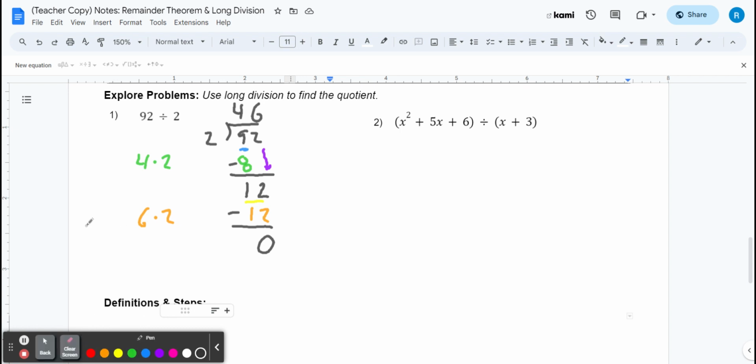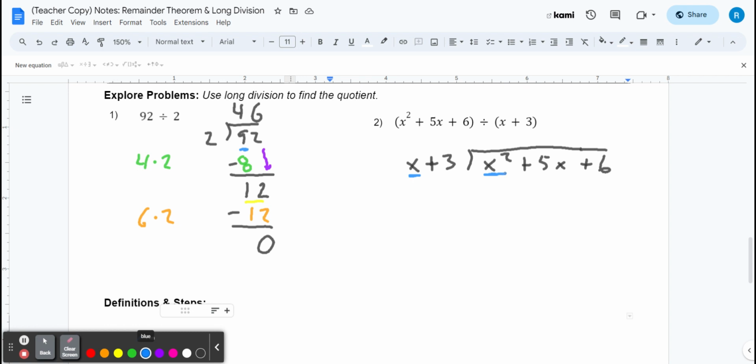So we're going to set it up just like before. We'll put our dividend, x squared plus 5x plus 6, underneath our long division sign. We'll put our divisor out on the left. And the first thing we want to do is just focus on the leading terms.